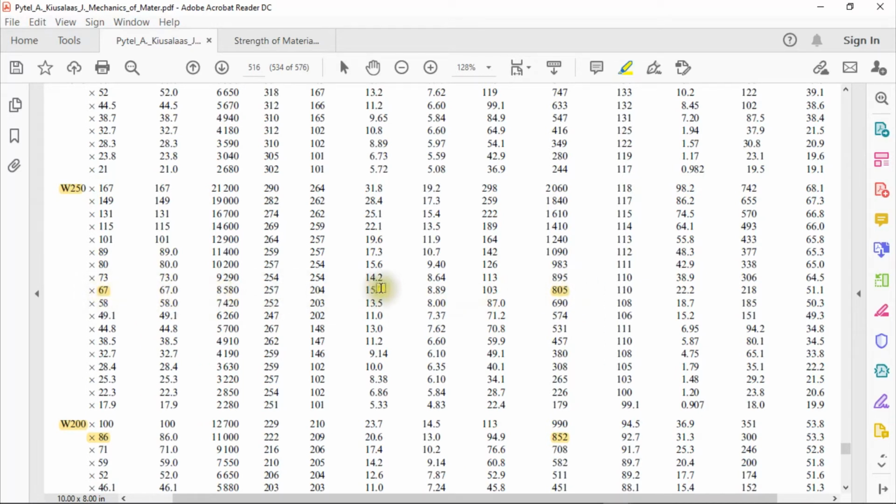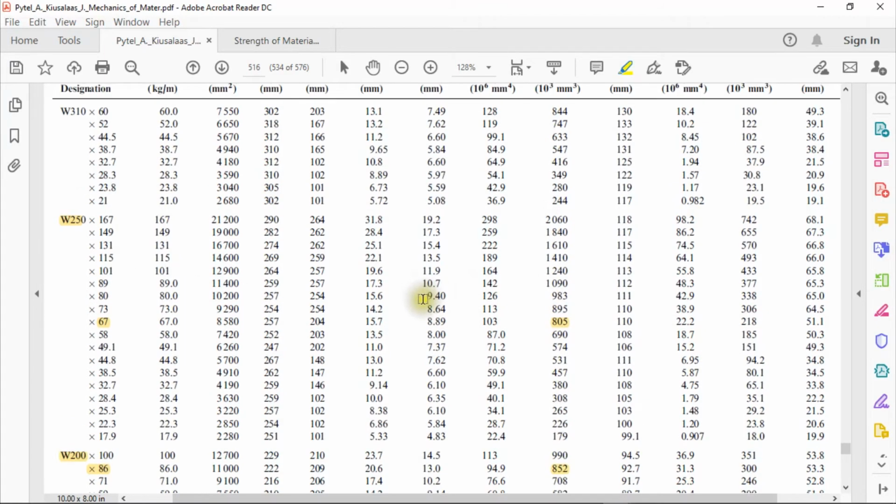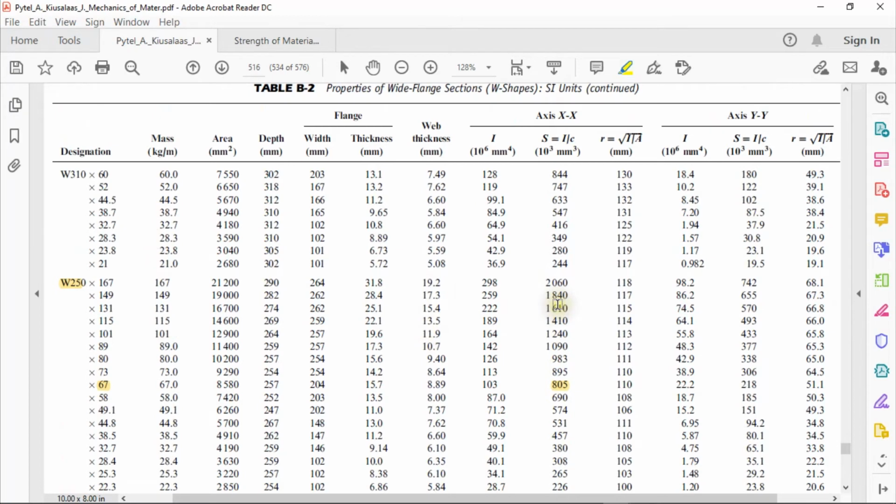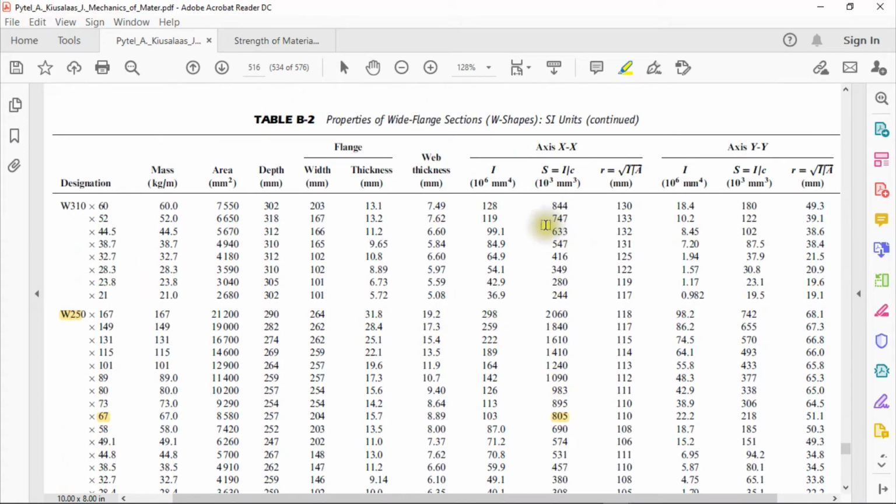So this is our second identified possible wide flange section. Now in this case, it could be 844. So we do not choose 747 since this is lesser than 773. So we choose 844. So we choose the wide flange shape W310 by 60.